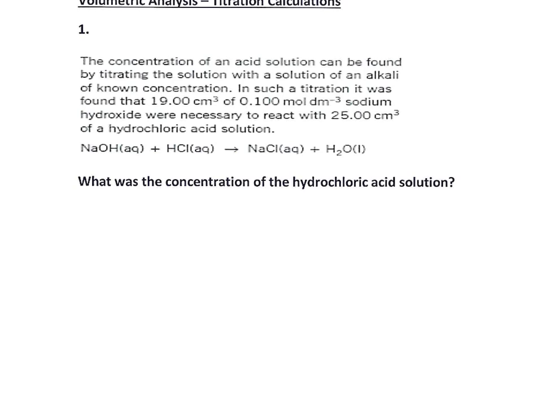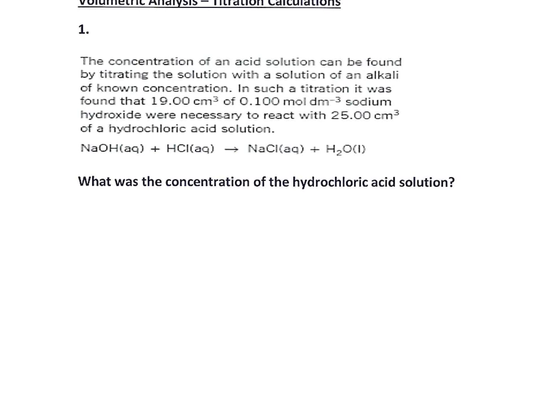The concentration of an acid solution can be found by titrating the solution with a solution of alkali of known concentration. In such a titration, it was found that 19 centimetres cubed of 0.1 m sodium hydroxide were necessary to react with 25 centimetres cubed of a hydrochloric acid solution.